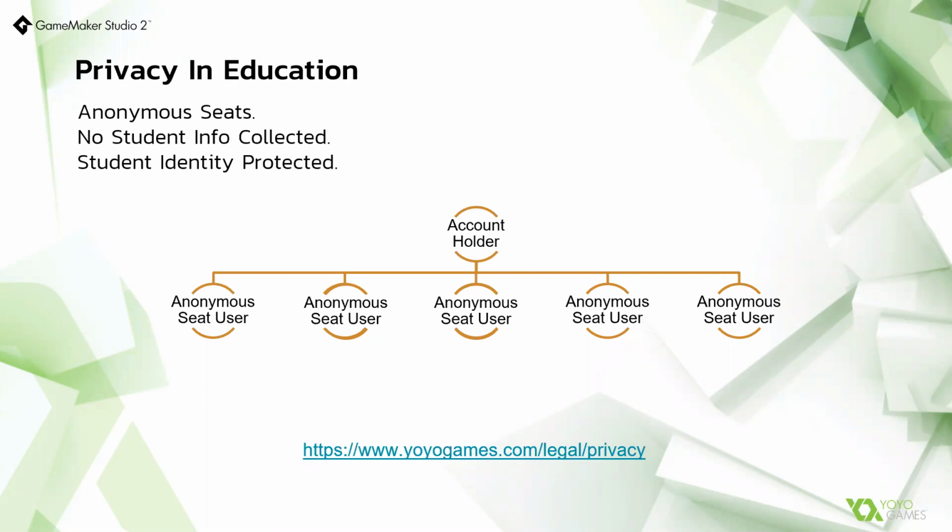So there's no personal information at all collected, processed or managed in any way. We have more information in our privacy policy, and section 11 within the policy details our approach to education, which is essentially that we don't collect any data.